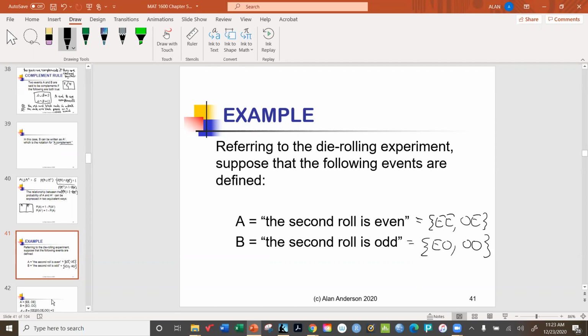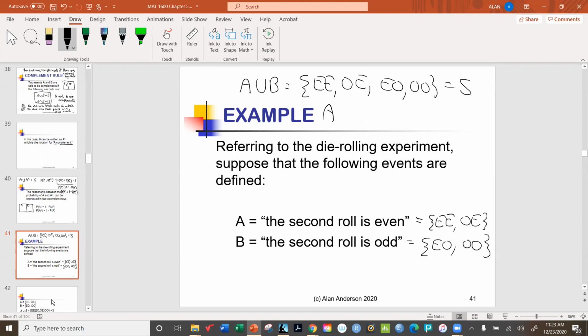Now, what do we notice about these two events? Is it true that A union B is the entire sample space? Well, let's find out. Yes, it is.